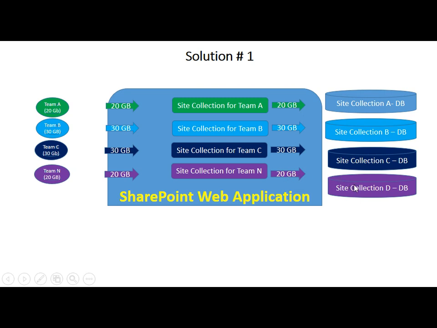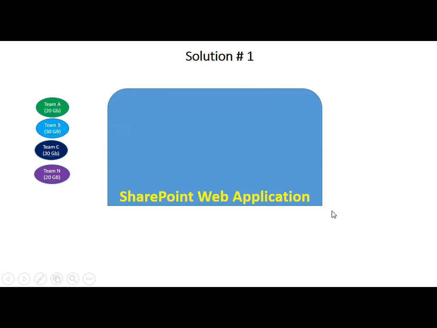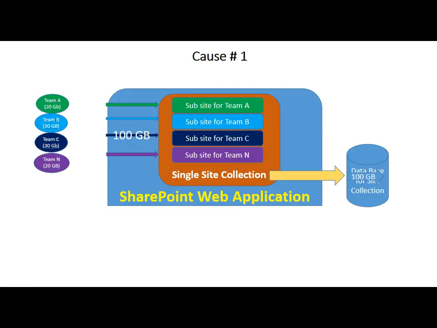It will be very easy for these sites to query or retrieve data from a smaller database, because you have created a distributed environment. In the previous example, all the data, that is 100 GB, was saved in a single database, so it was very difficult for all of these teams to request any data from such a large database. That's why your database was growing too rapidly.